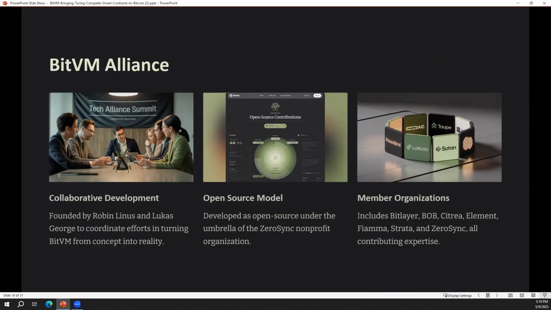The project is developed as open source under the umbrella of the ZeroSync nonprofit, and it has received funding from organizations such as Spiral, Blockstream's Bitcoin R&D arm, StarkWare, and OpenSats, among others. This broad support underscores the community's interest. Both Bitcoin-centric groups and cross-chain ZK groups are invested in BitVM's success.